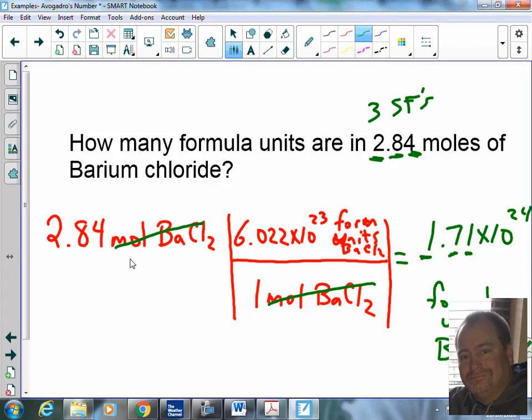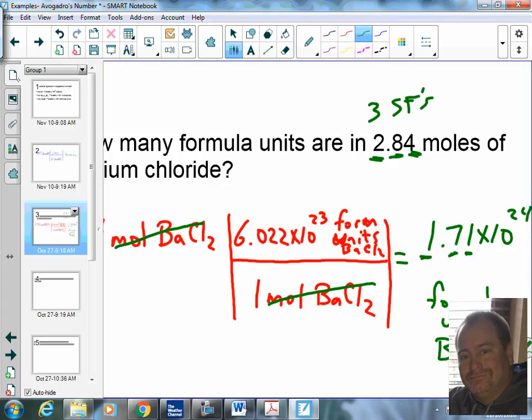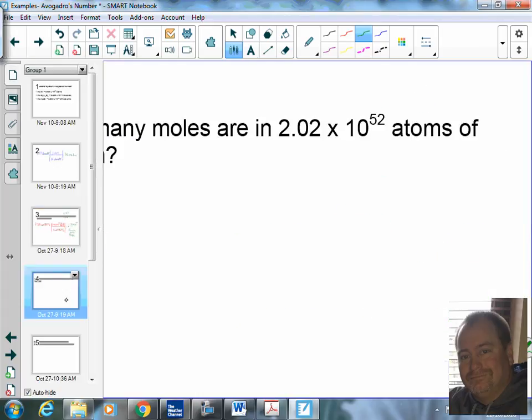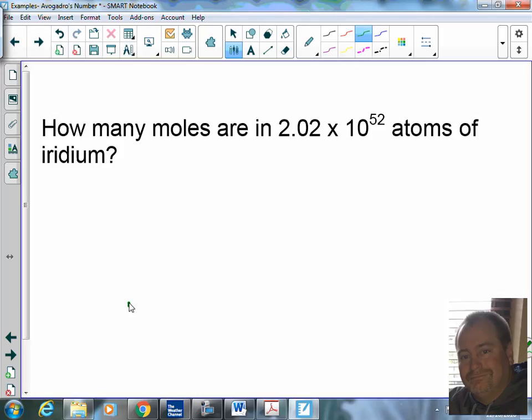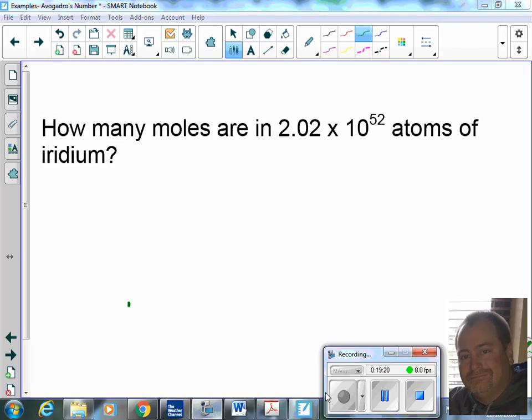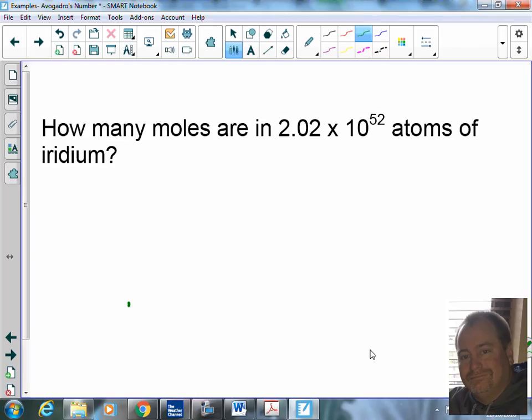Now, let's try another example. So I will give you a second to write this question down. Our second question was how many moles are in 2.02 times 10 to the 52nd atoms of iridium.